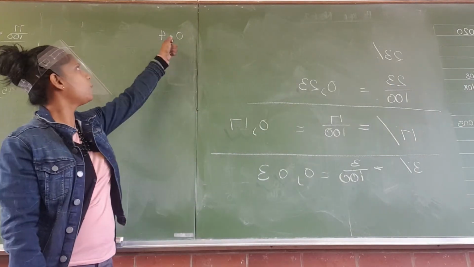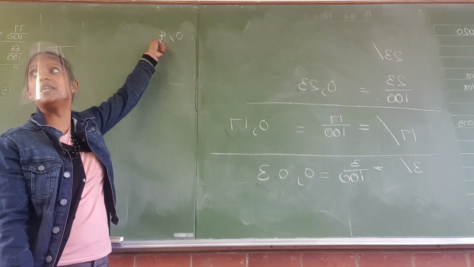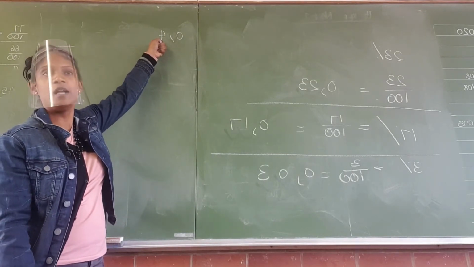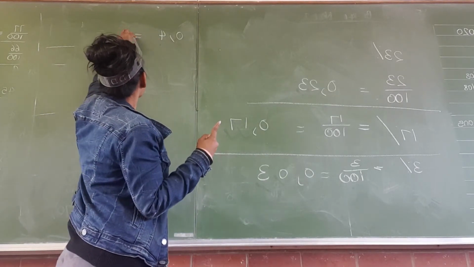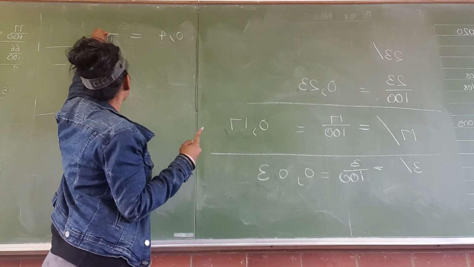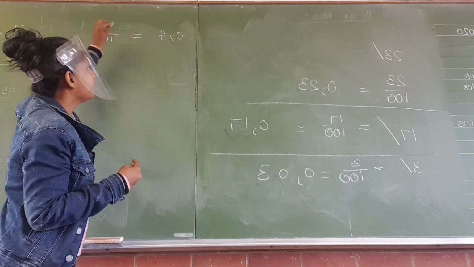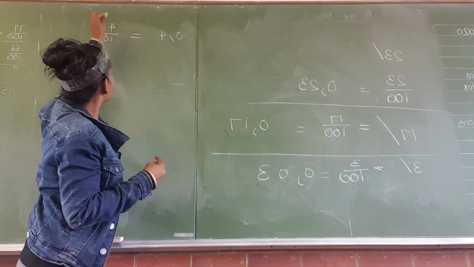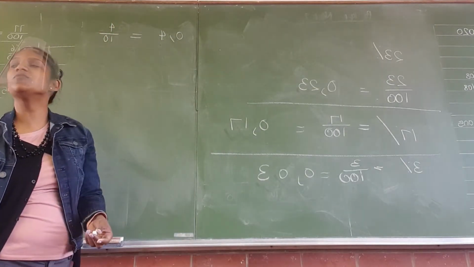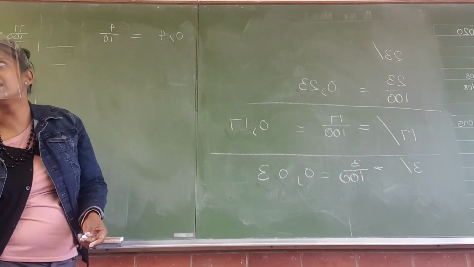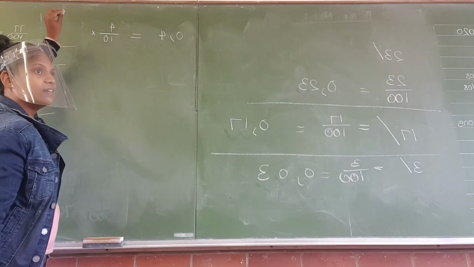If there's only one space after the comma, it means my denominator is 10, because 10 has 1 zero. Then this goes up there. But now, to write it as a percentage, my denominator must be 100. So what must I do here to get this to 100?